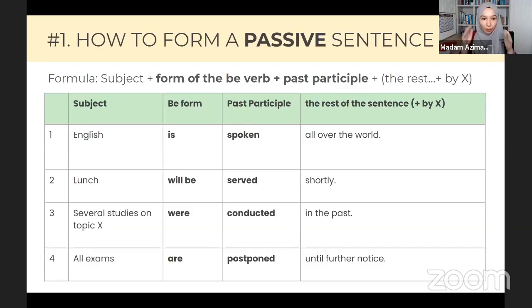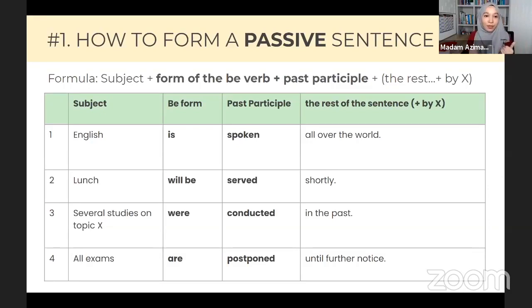So I've broken it into a table form so you can see. English, subject, is, spoken, past participle, all over the world. Past participle, spoken. So it's not speak, is spoked, no such thing. Is spoken, past participle, all over the world. And I don't want to write by everybody in the whole world.